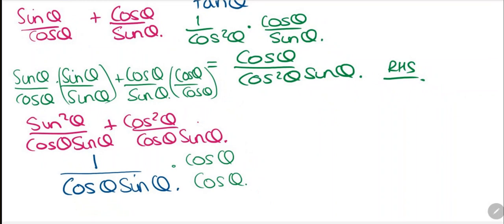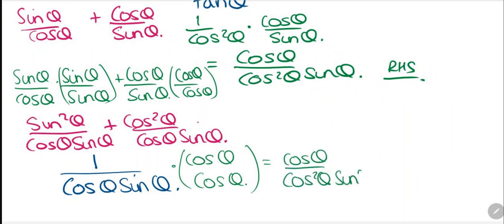So if I multiply, I will have cosine theta over cosine squared theta multiplied by sine theta on our left-hand side. So this is our left-hand side.